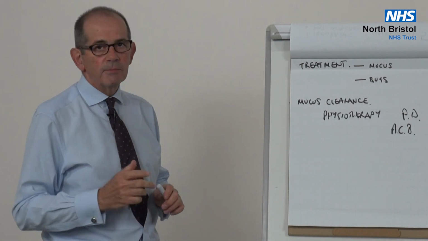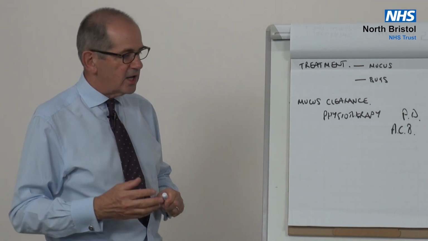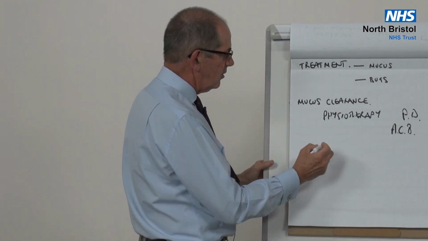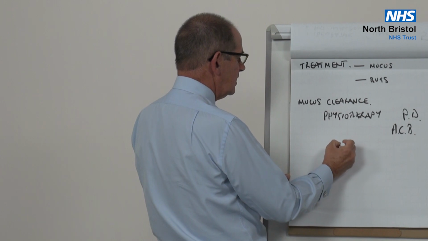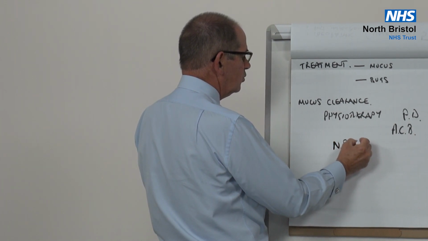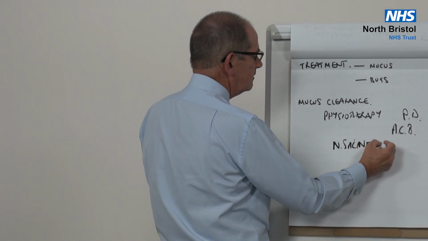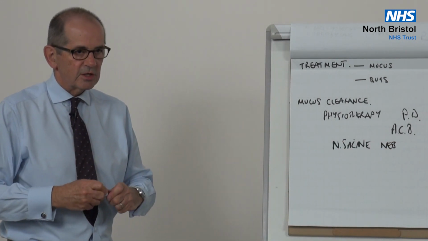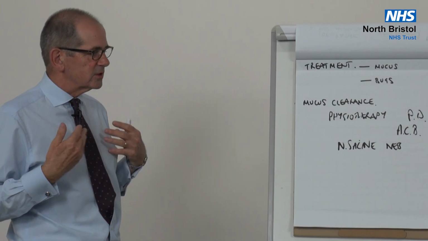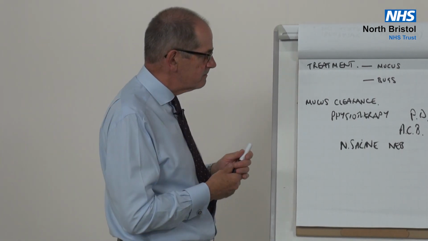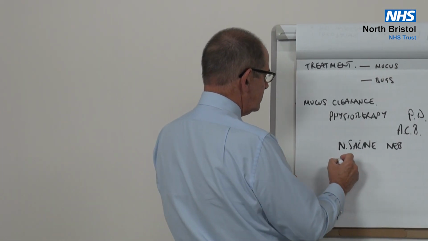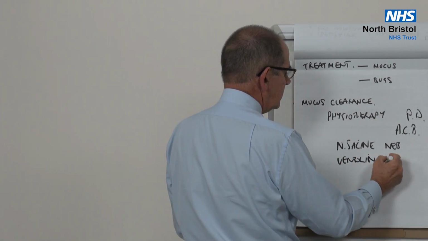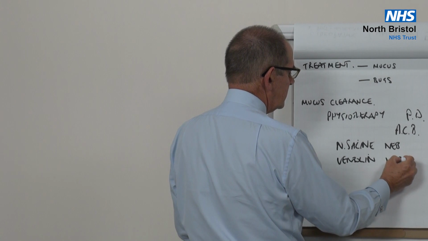And then we can use some drugs to help liberate the mucus and make it easier to shift. We sometimes use normal saline, which is just salty water in balance with the body, via a nebulizer to help liquefy the sputum. So you'll breathe in this mist of salty water which loosens up the sputum. We sometimes use Ventolin, which is one of the inhaled drugs, again via a nebulizer.